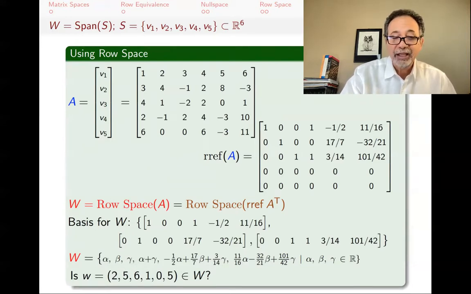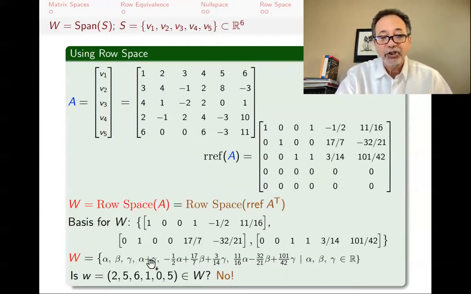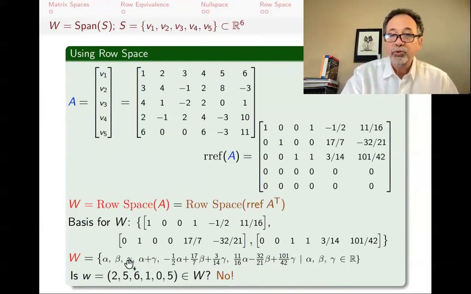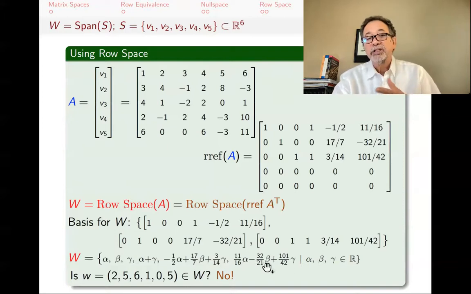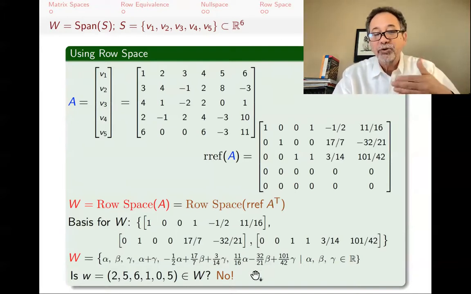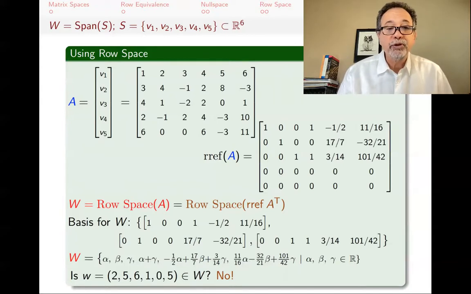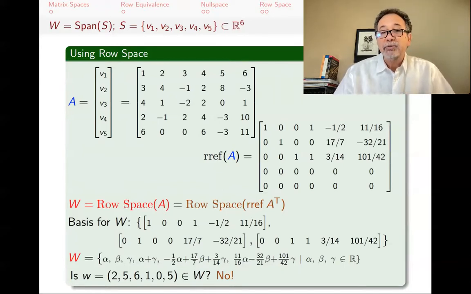And here I can just check that, and that's not the case, and so I say no. And in fact, any vector that walks through the door and you want to check if it's in W, you don't care about what the first 3 entries are, but then you check if the next 3 entries follow these rules, and you can decide that. So this is sort of a nice basis for W. It's not the vectors V1 through V5, but it's sort of nicer vectors because they have a lot of zeros, and it's a basis.